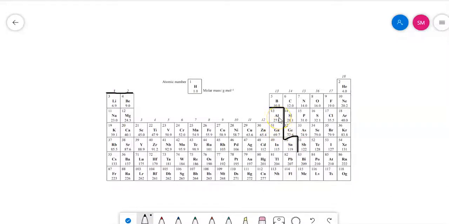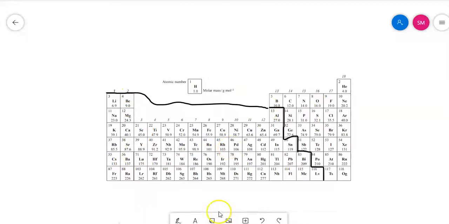Pretty much anything from aluminium and further left, anything on this side of the periodic table, I'll just draw this down like that, is going to be a metal. All of these in this area are metals, and that leaves us with the non-metals. So if we see a chemical formula that has a metal in it and a non-metal, we know that it will be an ionic compound.